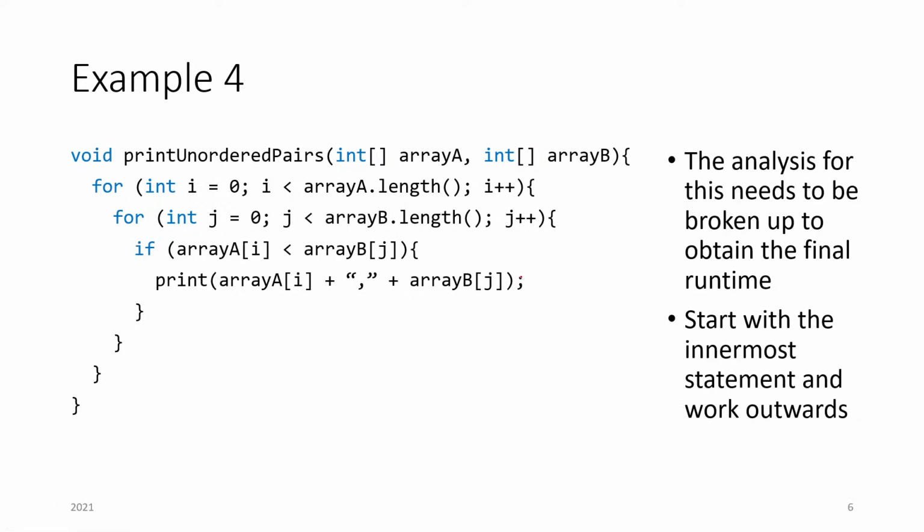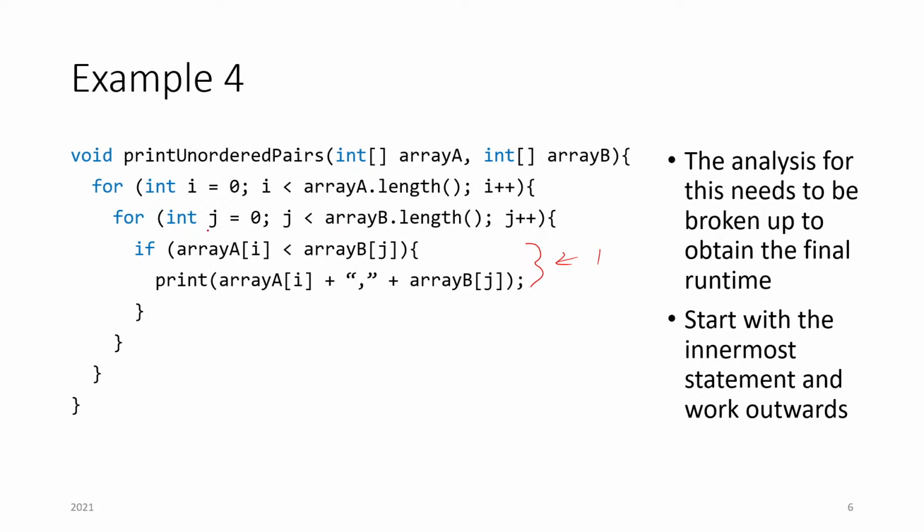Alright, so the hint that was stated on the slide is that you have to start with the innermost statement and work outwards. This if statement here is going to execute only once. Because we know that it executes once, we don't have to worry about it anymore. Let's work with the next statement, because we're going innermost to outer.